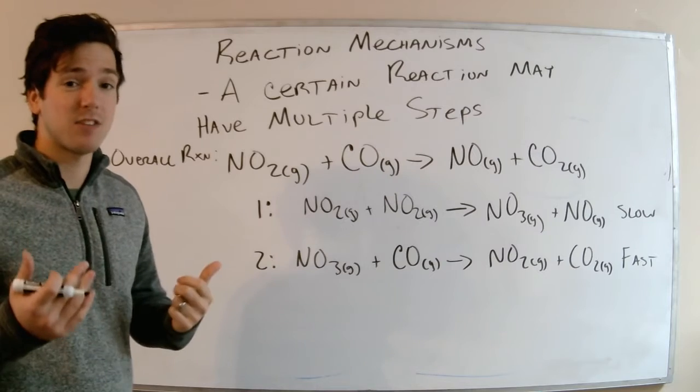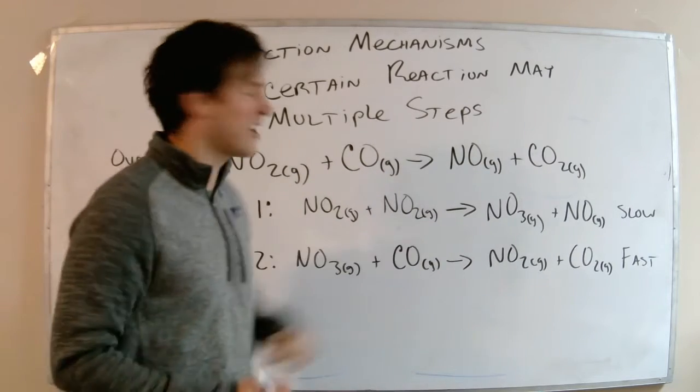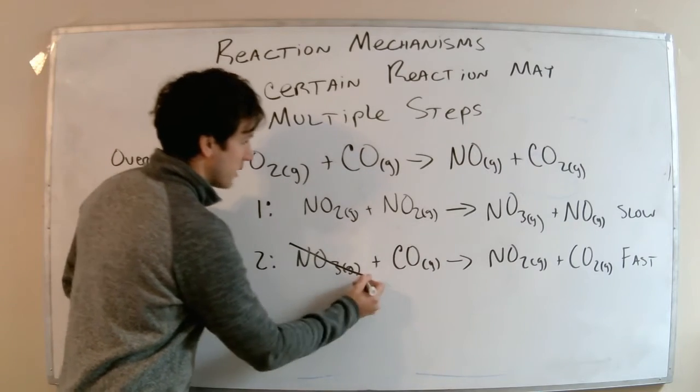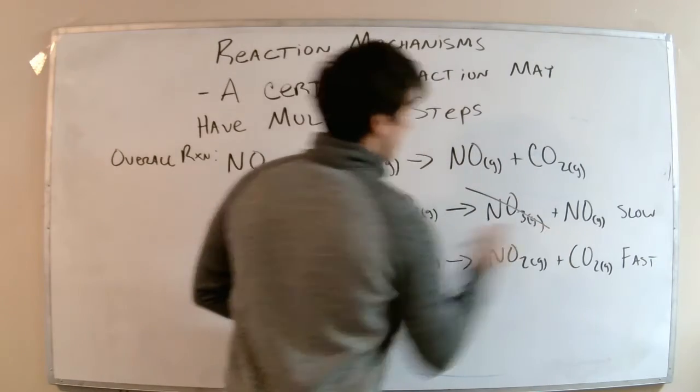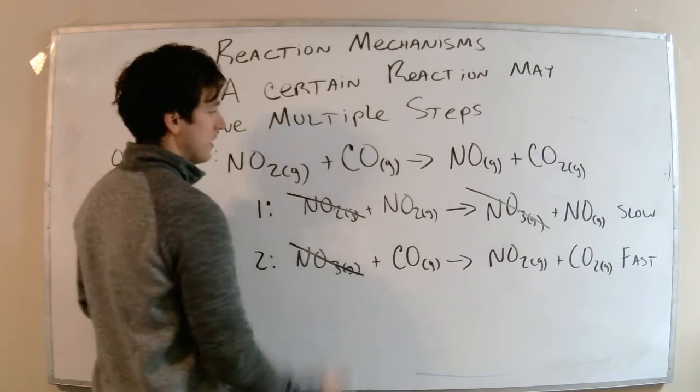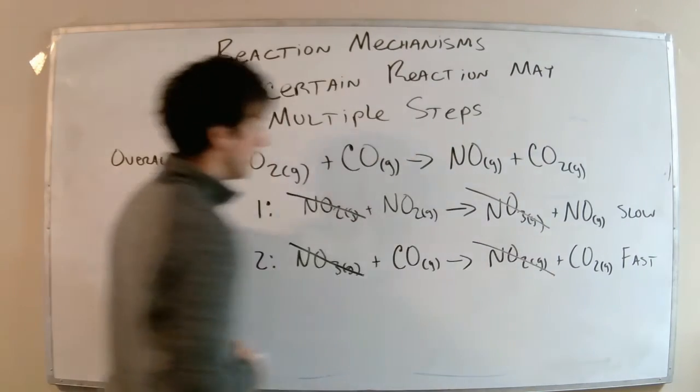And all I'd have to do is just cross out things that are the same on both sides. So as you can see, we have an NO3 over here and an NO3 over here. I also have an NO2 right here and a NO2 right there.